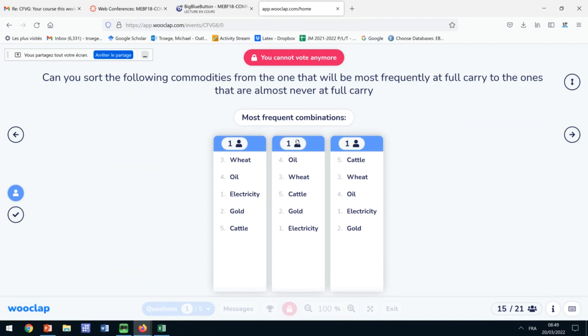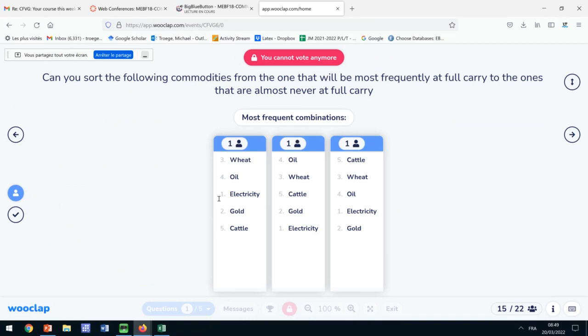Which ones are always at full carry? The ones that are at full carry are the ones that can be easily borrowed, easily stored, that are always available, and for which the storage costs don't really count. The one that is always at full carry is gold.